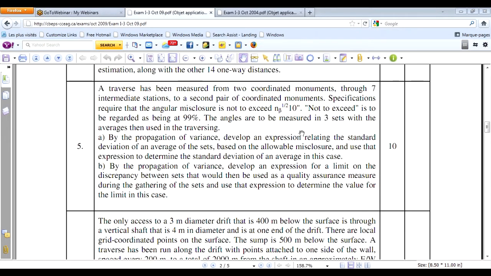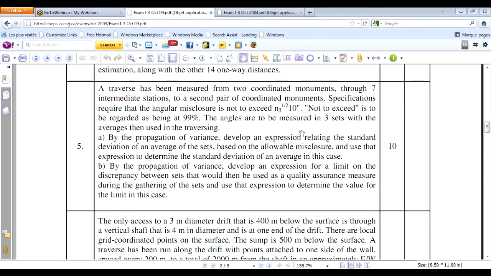Now, the second part of the question is a limit on the discrepancy between sets. So the angles that are used in the first part to come up with the sigma beta is the standard deviation of the angle that is an average already from however many sets were necessary. So these are the numbers that actually go into the calculation. So they're averages.